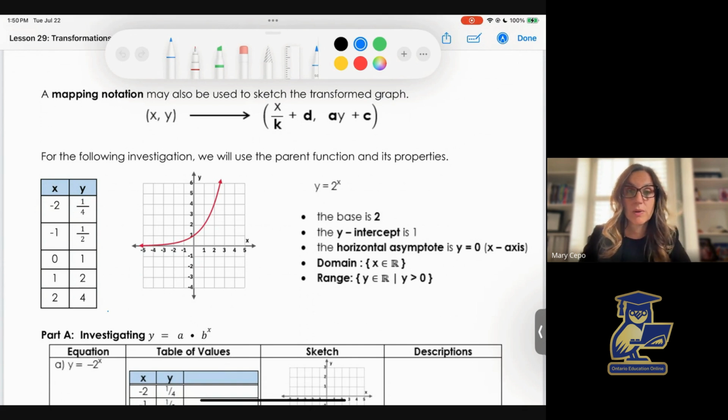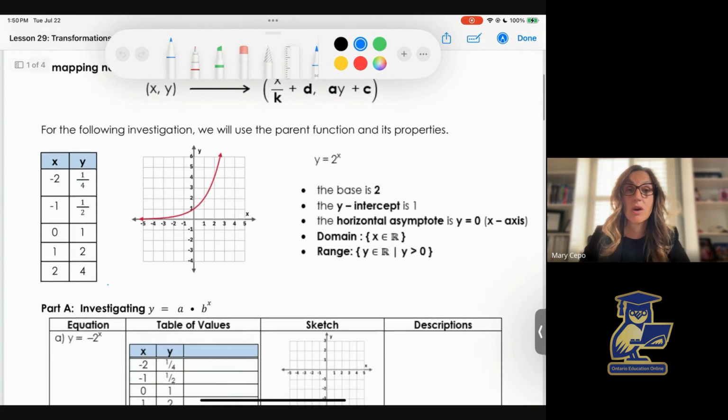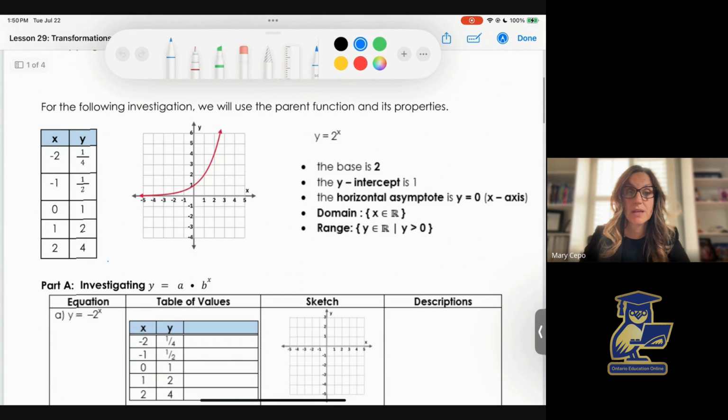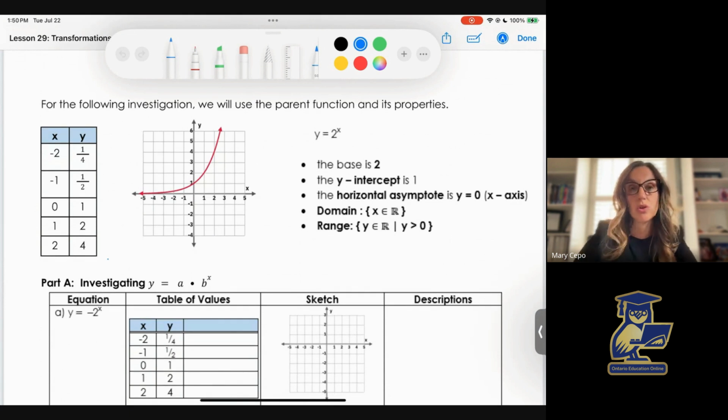Now with exponential functions, there are many parent functions because you have to base it on the base. So that's the first thing you want to do before you start graphing any exponential function: identify the base of your exponential function and then identify the a, k, d, and c. For the following investigation, we will use the parent function and its properties. In this case, the parent function graph is y equals 2 to the exponent of x.